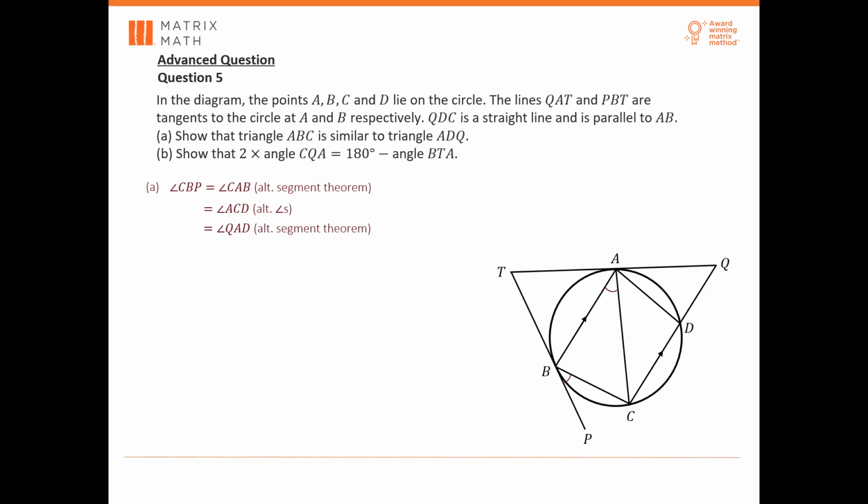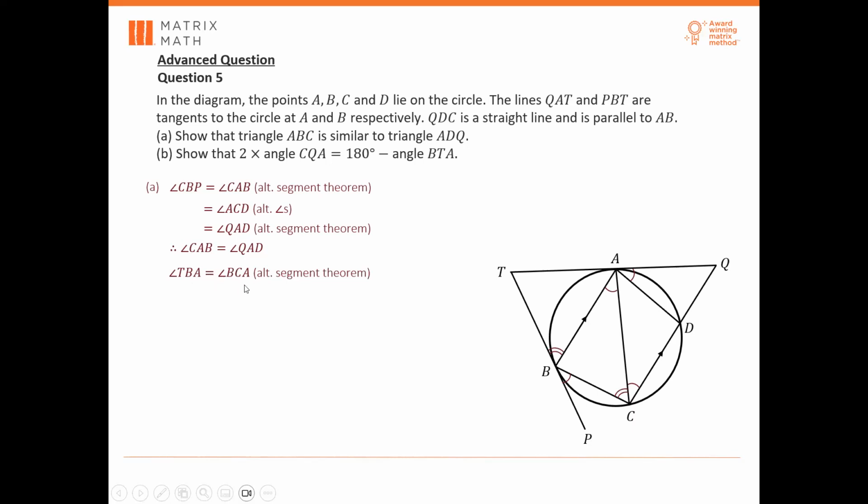So again, revert back. So ACB will equal QAD using alternate segment theorem once again. Which means this ACD, yeah. So using alternate segment theorem, therefore CAB equals QAD. So that's one.